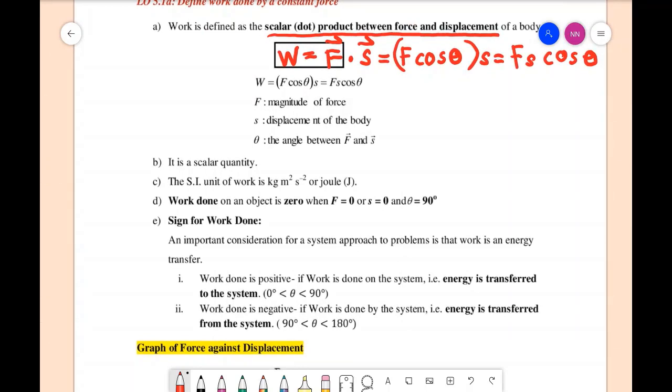Work is a scalar quantity and the SI unit is joule.